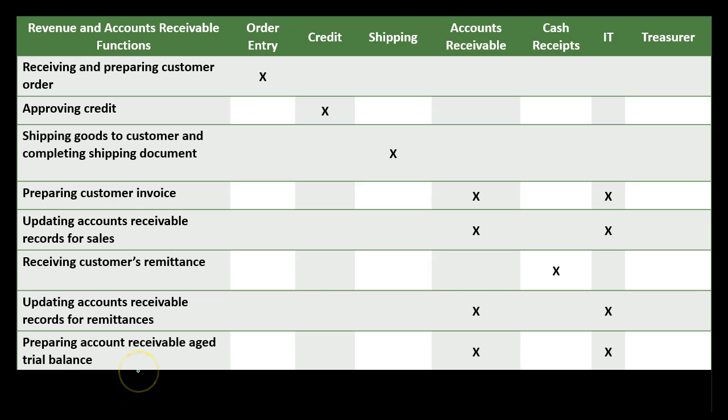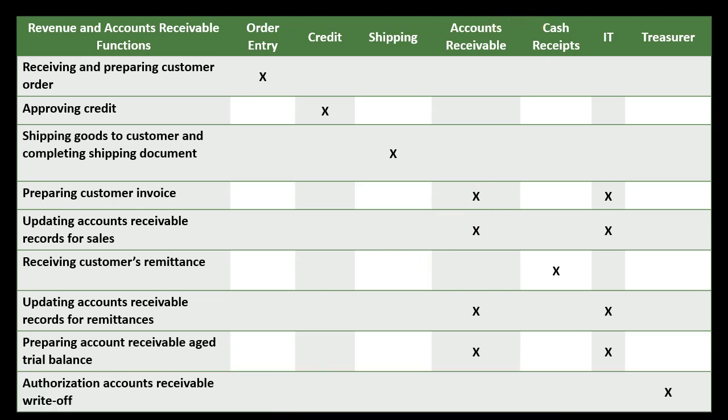And then we've got the preparing of the accounts receivable aging trial balance, the subsidiary type of ledger by an aging report, done by accounts receivable and assisted by IT as necessary. Then authorized accounts receivable write-off. So what about the write-off process of accounts receivable?